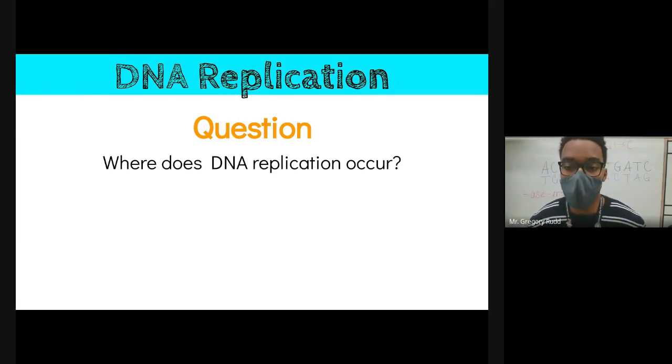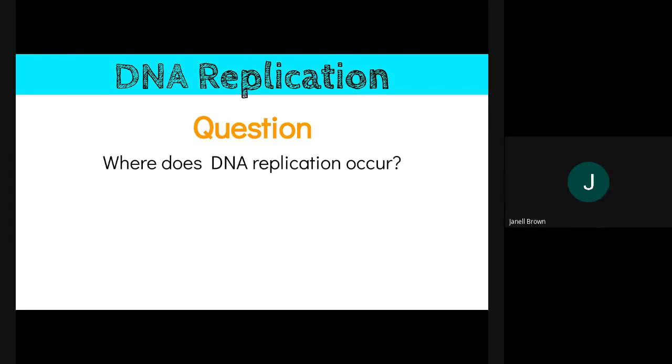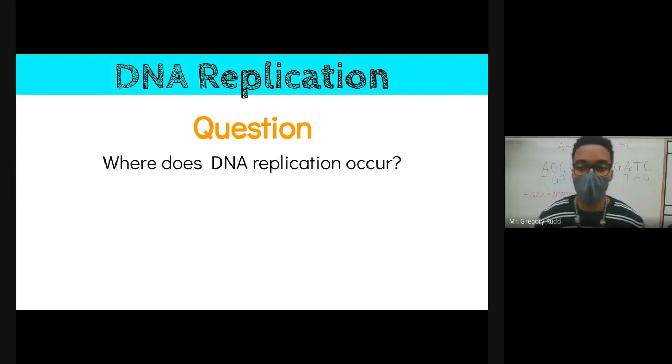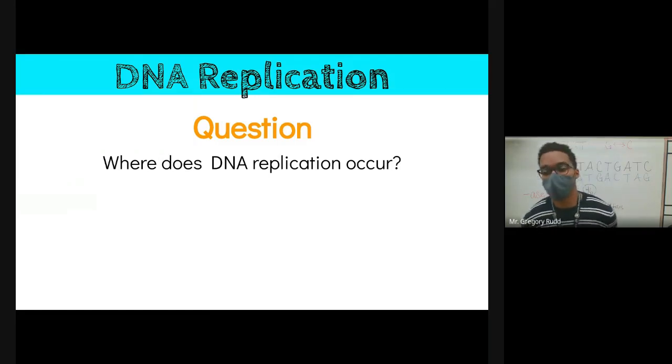So in the nucleus of a specific type of cell, what type of cell would that be? Eukaryotic. Good, so in eukaryotic cells, that's where we see this process happening, in a nucleus. But there's another type of cell that does not have a nucleus. So where do we think DNA replication happens there? In the cytoplasm. Good.